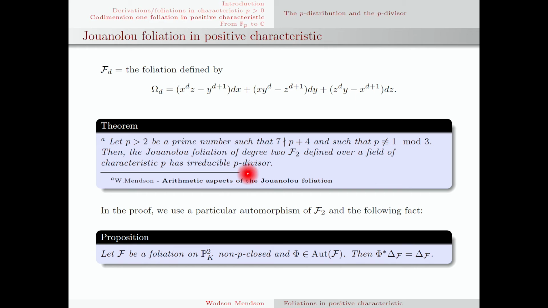In the proof, we use in particular automorphisms of the Jouanolou foliation that come from characteristic 0. And we use the fact that if you have an automorphism of the foliation, then the p-divisor is invariant. I mean, the pullback is the same as the p-divisor.